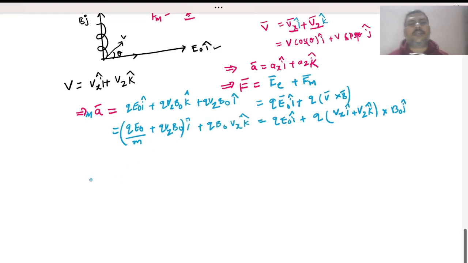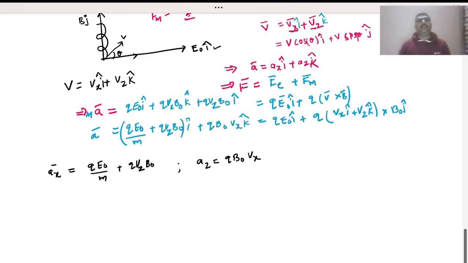So now ax is, from this equation, the component along i cap, that equals qE naught by m plus q vz into B naught. And similarly az is equal to q B naught into vx. So now I know ax is acceleration, that is dvx by dt.